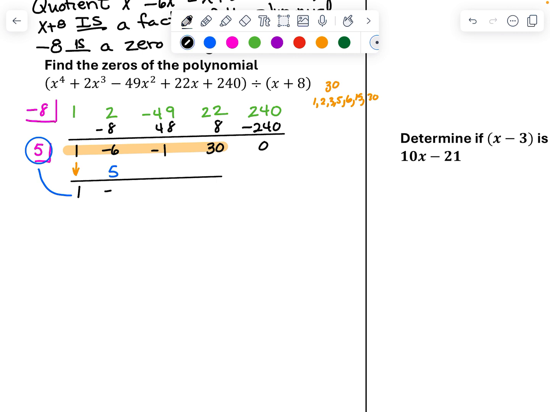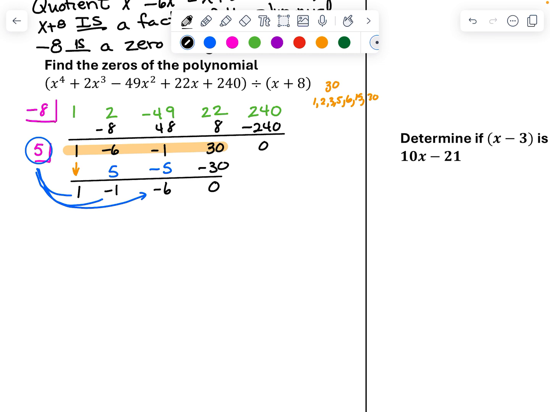I add, that's negative 1. I multiply, 5 times negative 1 is negative 5. That gets me negative 6. I multiply, 5 times negative 6 is negative 30, and I get a 0. So winner, winner, chicken dinner, 5 worked.